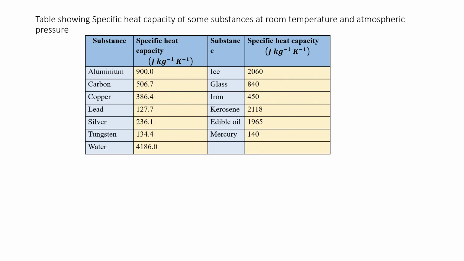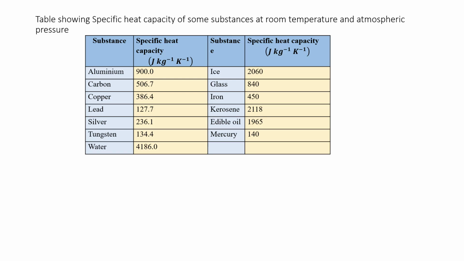In the table here, you can see specific heat capacities of different substances are given, and you can clearly see that water has the highest specific heat capacity. It is because of the intermolecular force of attraction. We know that water molecules are bonded together by covalent bonds and hydrogen bonding.